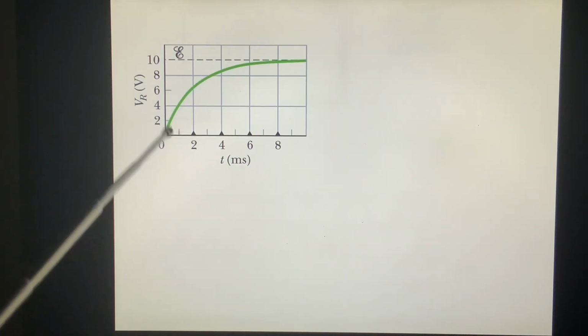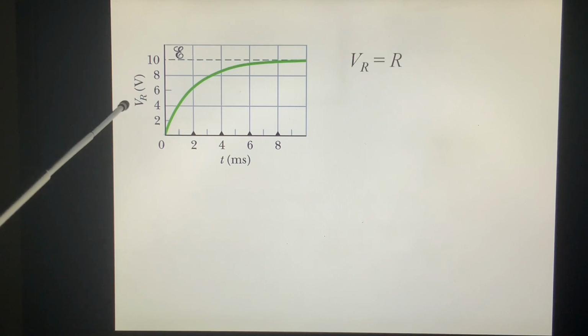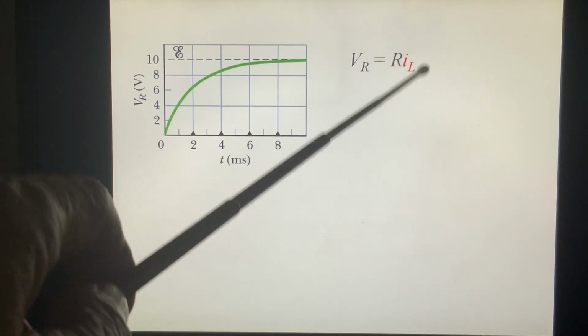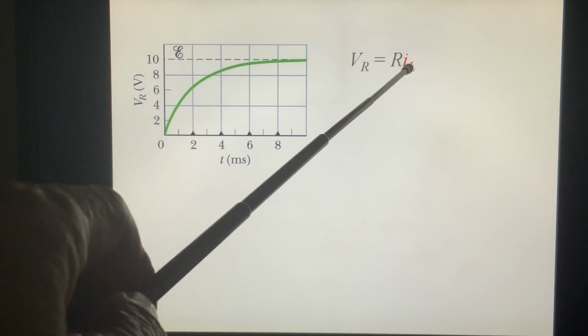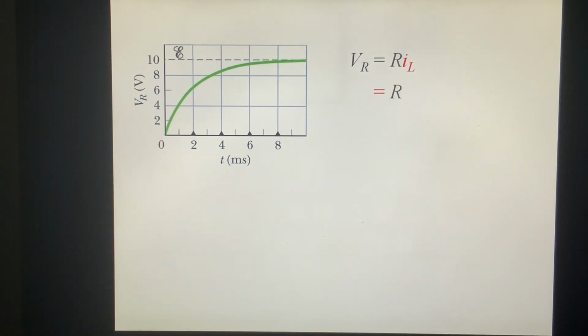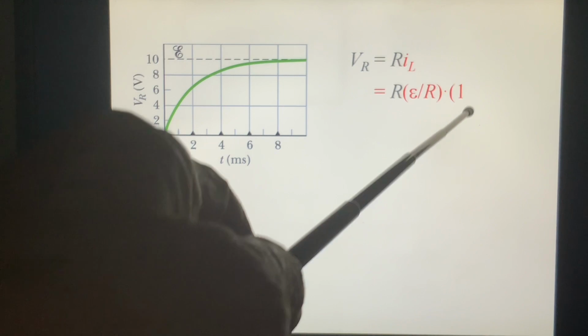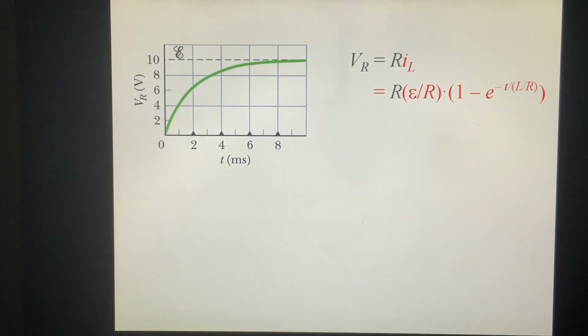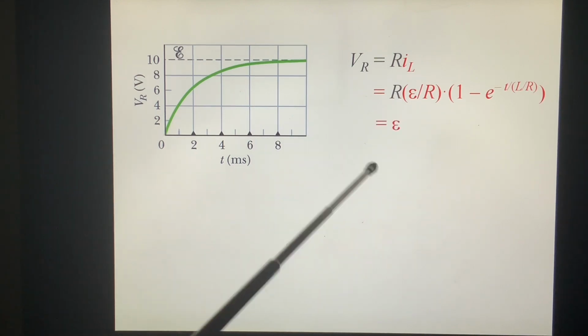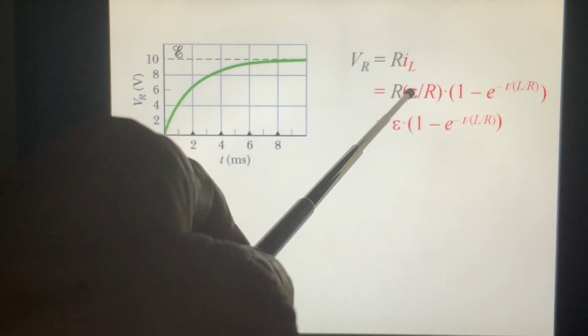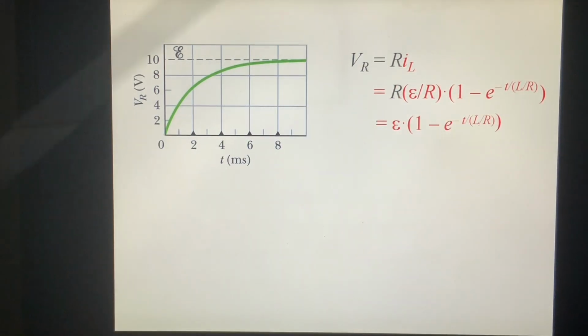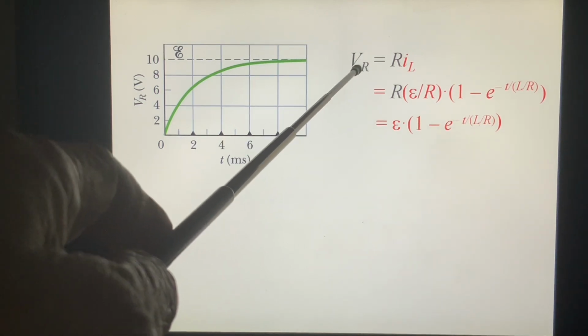Now we look at this data, V_R, the voltage across the resistor. We look, V_R is R times I. So actually, this shape represents the current situation. And I, we know, is equal to epsilon over R times (1 - e^(-t/(L/R))). The R cancels out, so V_R = epsilon(1 - e^(-t/(L/R))).